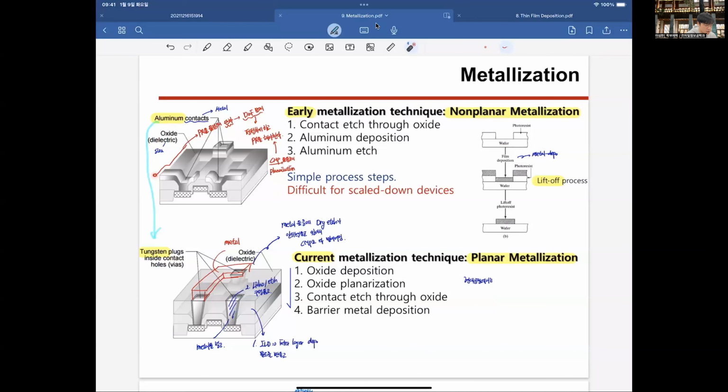So it makes other problems because there is a difference of the height. So it makes a depth of focus problem and other things. So we have to solve this problem. So we use the CMP, chemical mechanical planarization.